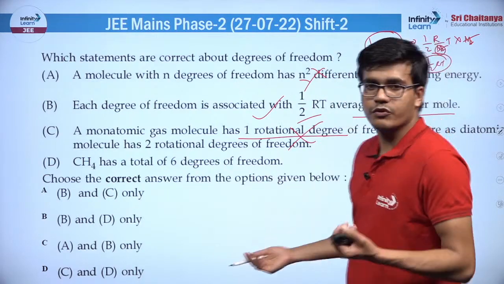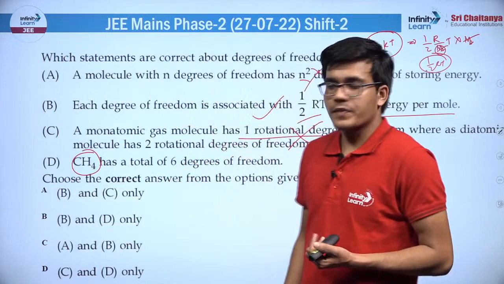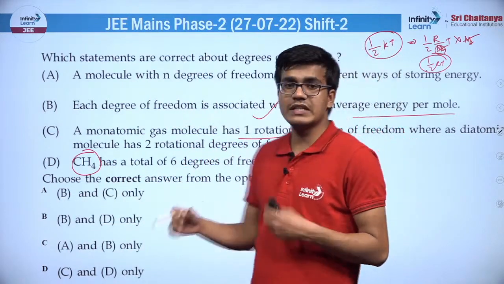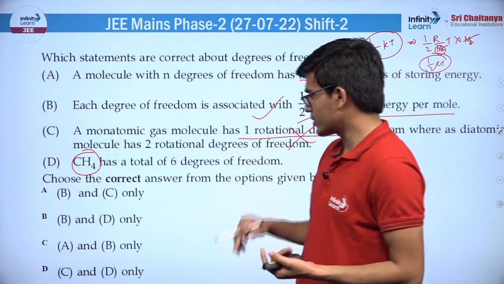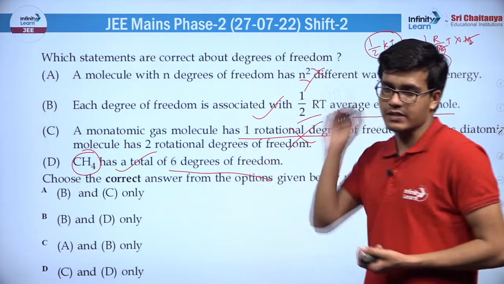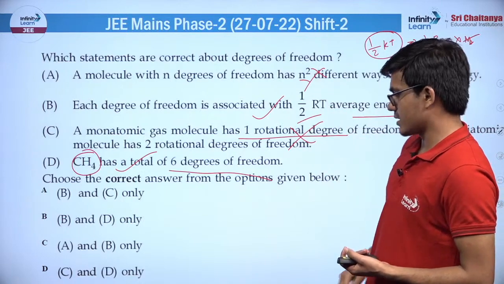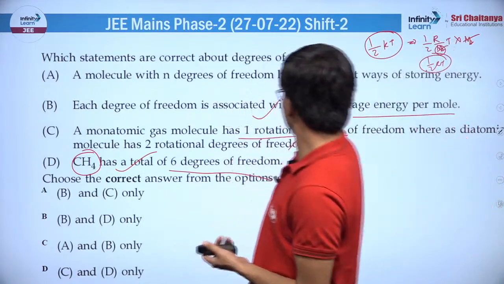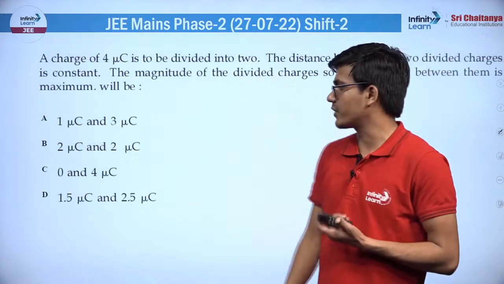CH4, you know from chemistry, is having a tetrahedral-like structure. So you can have here 3 translational and 3 rotational along 3 axes. So this one is also right, 6 degrees of freedom in total, 3 translational plus 3 rotational. So A and D is right, it means not A and D, B and D is right, it means the B option is my final answer.